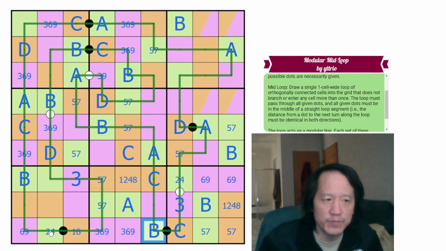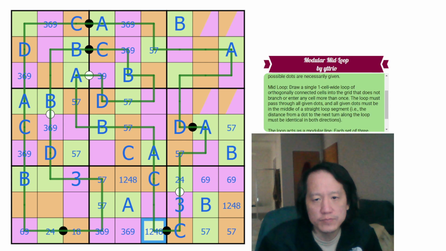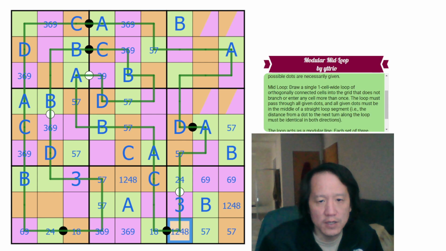So if the greens are 2 mod 3, B has to be 8. If the greens are 1 mod 3, green has to be 1. So therefore C has to be also 2 or 4. So C is 2 or 4.